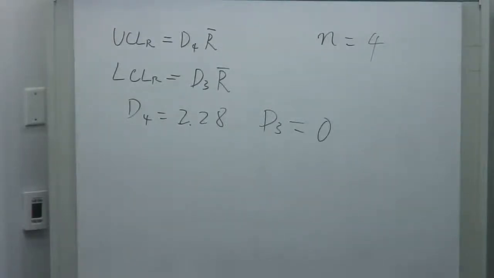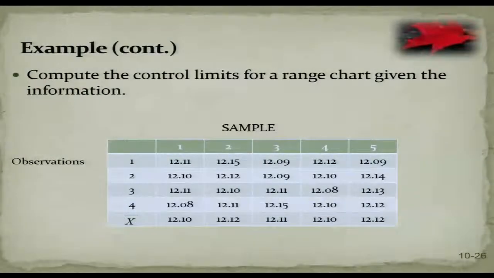I'll give you 5 minutes, which should be enough. We have D3 and D4. You have to calculate. What is the only thing left? R bar, right?